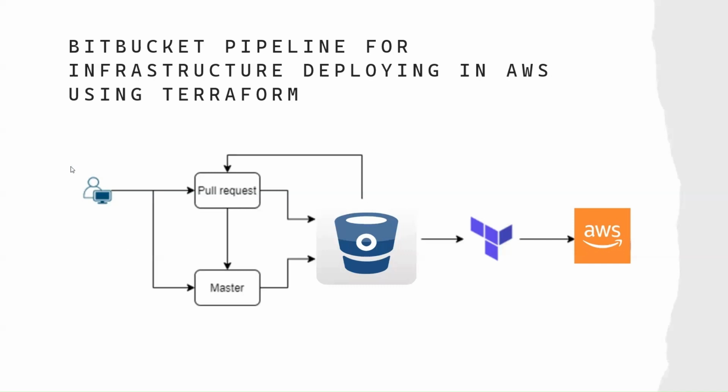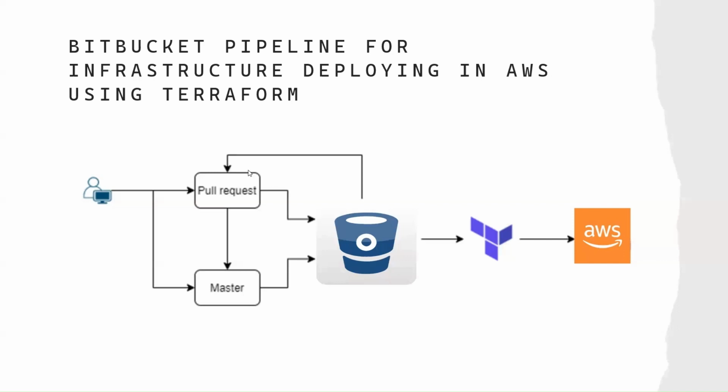So let's assume you are a developer and you are writing some Terraform code for creating infrastructure. Similar to GitHub Actions, Bitbucket also has a concept called pipelines, where you can write a set of steps to execute Terraform commands or any scripts you want as CI/CD pipeline steps.